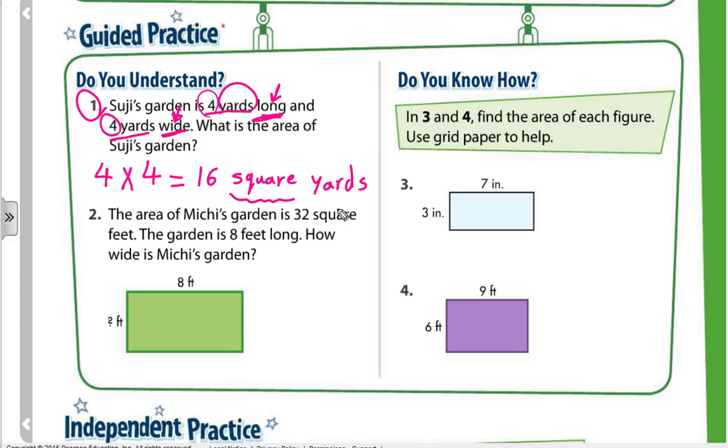Why? Because the two dimensions are the same. Excellent. Thank you, my hero. Great work.